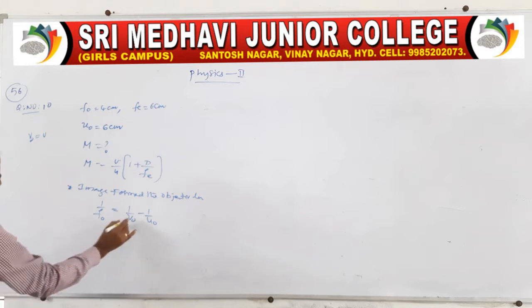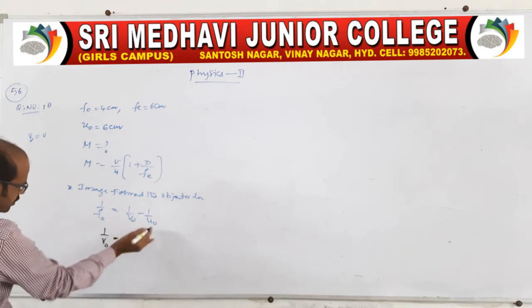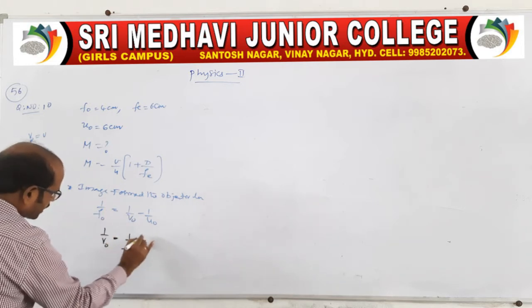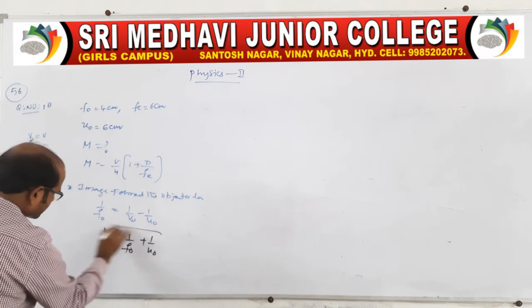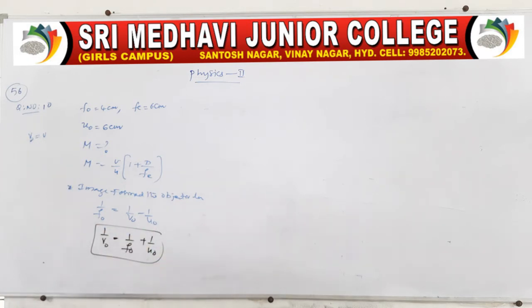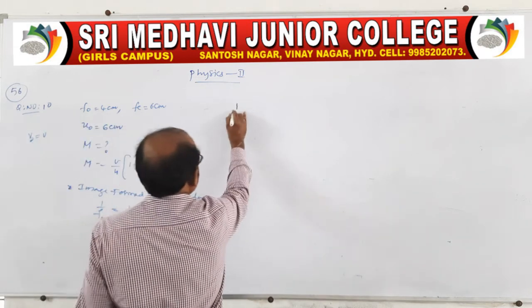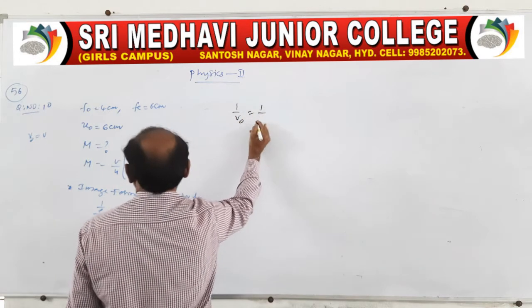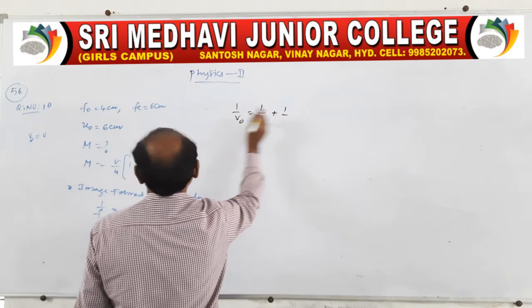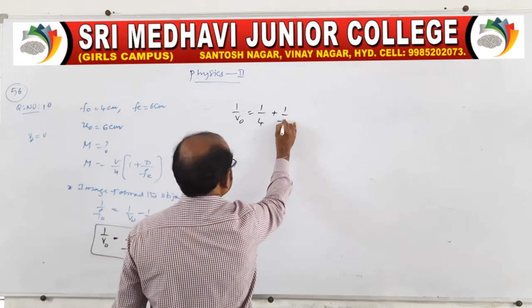So first of all we should get v naught, because we don't know v naught. So 1 by v naught is equal to 1 by f naught minus 1 by u naught. Here f naught is in the same direction, so you take it positive 4 plus, the object is measured in the opposite direction, no?